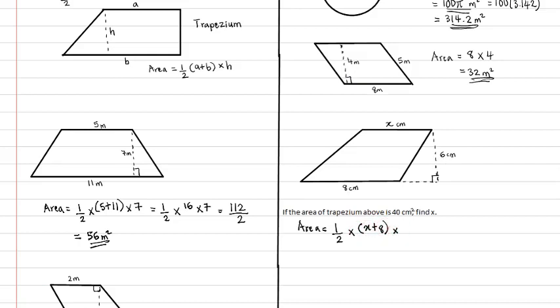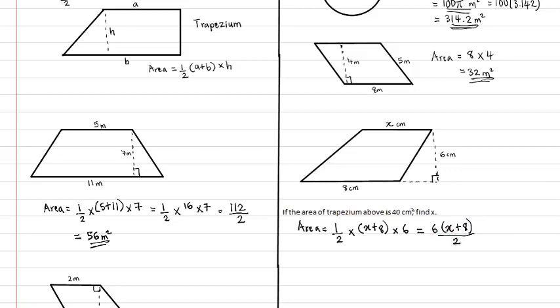Our height here is 6. So wherever they put the height, just know that this is the height, or even if it's here, it's the height. So which will be equal to 6 bracket x plus 8 over 2.